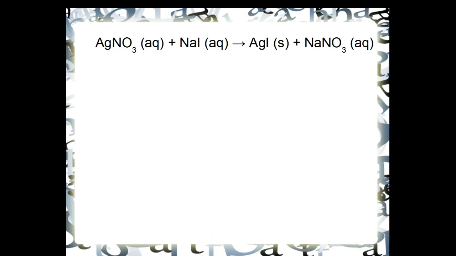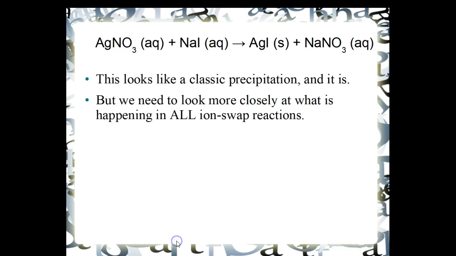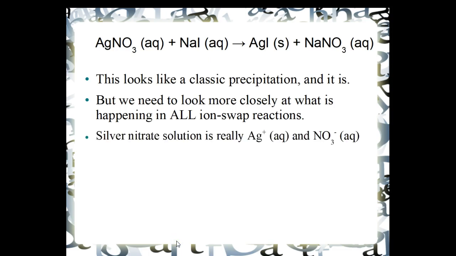Silver nitrate reacting with sodium iodide in solution to form solid silver iodide and aqueous sodium nitrate. This looks like a classic precipitation because a solid is formed, and it is one. But we need to look more closely at what is happening in all ion swap reactions.